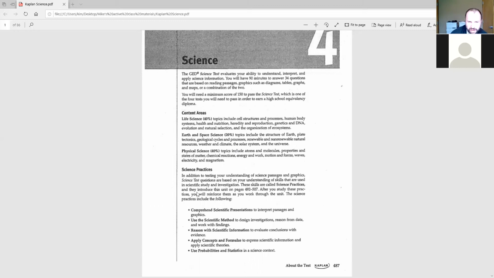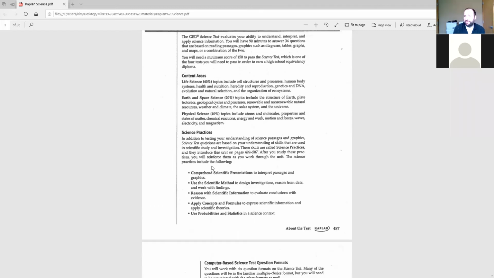In terms of the science practices, in other words, the types of skills you need to have for the test, these are some of the things we'll talk about this week. Comprehending scientific presentations, basically a fancy way of saying interpreting science passages and graphics. Using the scientific method, which I believe we have talked about a little bit, but we're going to revisit.